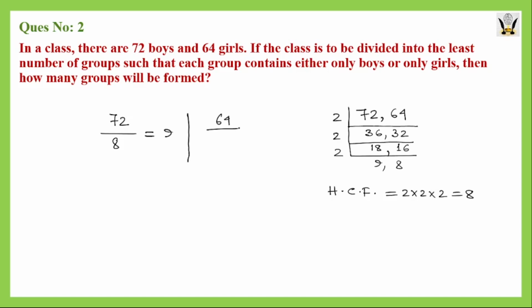And if we have 64 girls and in each group we have 8 girls, then we will have 8 such groups of girls. So in total there will be 9 plus 8, or 17 groups, where in each group we will have either 8 boys or 8 girls.